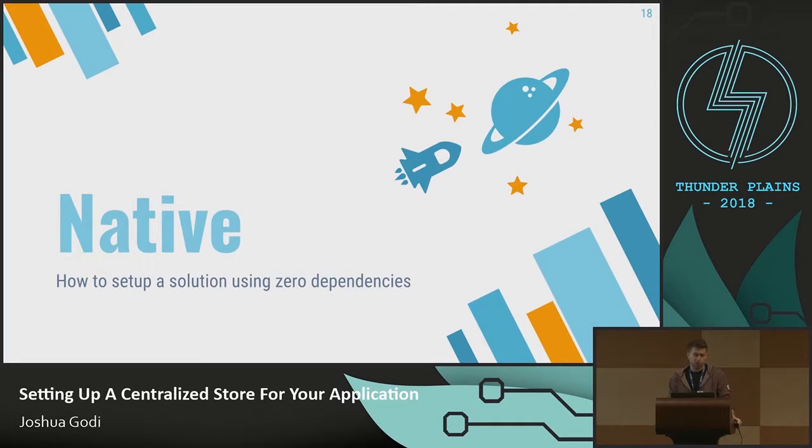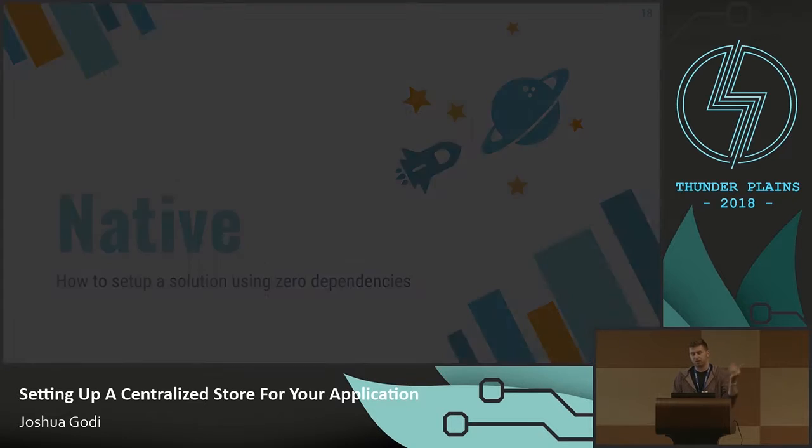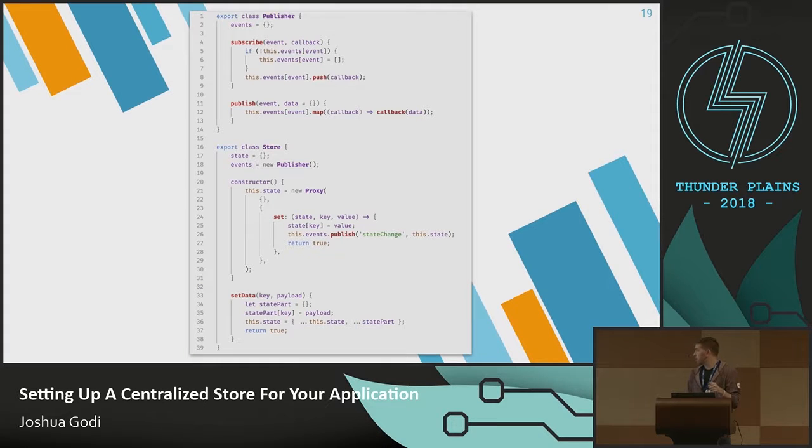So the first one, this is our native solution. And so this is going to be zero dependencies, just pure JavaScript. And hopefully that's big enough for everyone. But basically we have two parts to a native JavaScript solution. A part that I call the publisher, which is just going to have an object of events, and then a subscribe and publish method.